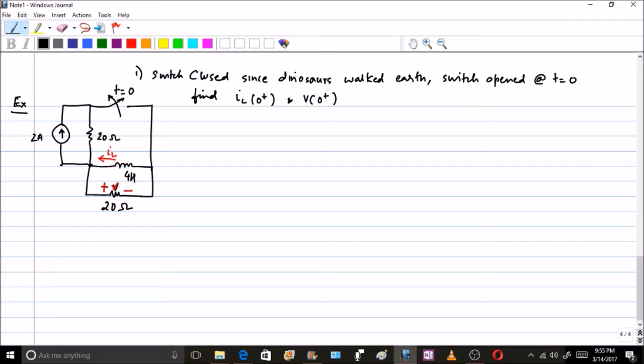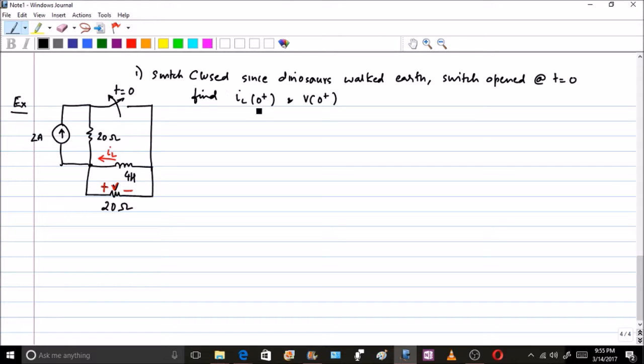That means there was sufficient time from when the switch was closed till 0 minus that the circuit has achieved its steady state condition. They have made a little bit of comedy in the problem statement, but the intention is that from the time the switch was closed to 0 minus, it was a huge time and the circuit has already become steady state.